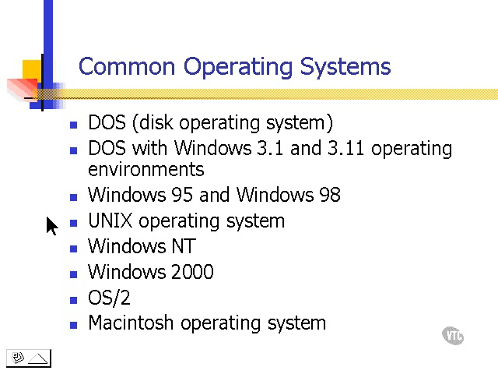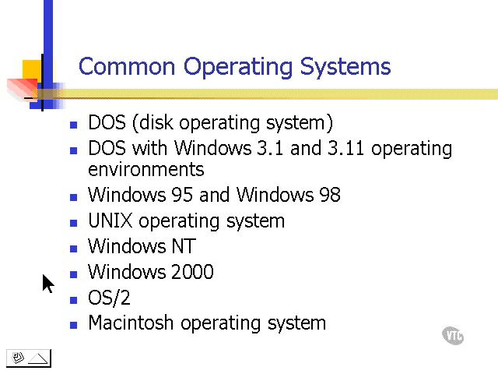Unix operating system was first on mainframe computers and now is used on mainframe computers as well as some microcomputers. Windows NT was designed for business. NT stands for New Technology. And Windows NT came out around 1995 and was designed to provide businesses with a more stable and more secure operating system.